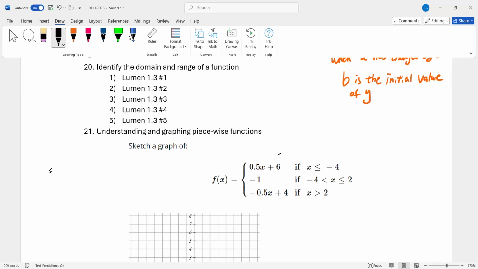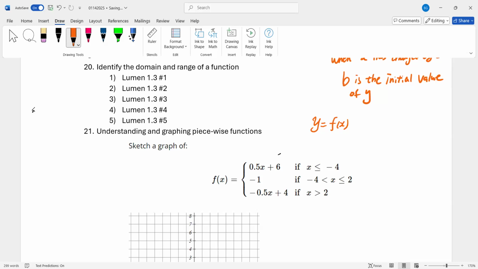We know a function is a relation in the first place, right? So the domain and range of a function are the same as the domain and range of that relation, because a function is a relation. If we use function notation, it is y equals f of x.